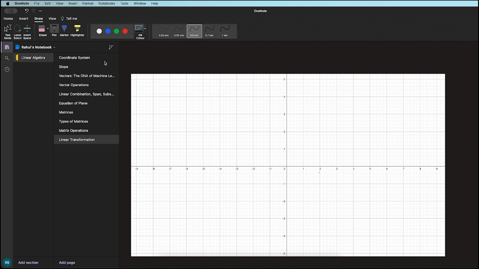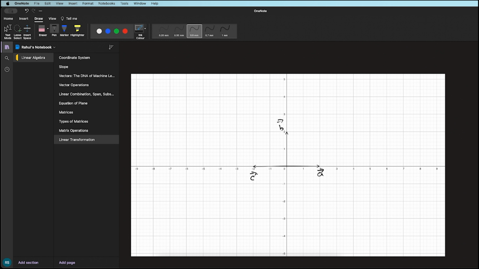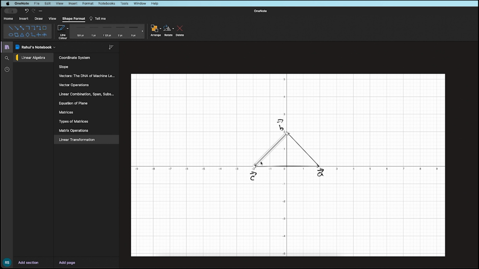So now let me draw a few vectors. This is the vector A. This is vector B. The third vector is denoted by vector C. Now, if I join these three vectors, from A to B and B to C, it forms a triangle.